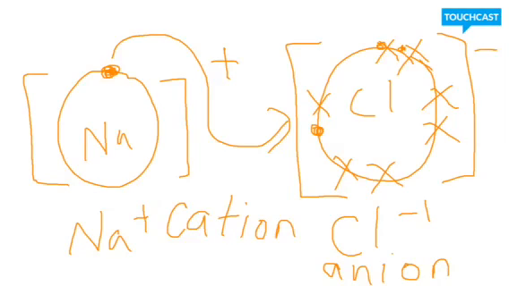I'll give you another example. Here we have the reaction between magnesium and fluorine, which is also in group 7. Magnesium is in group 2, and fluorine is in group 7.